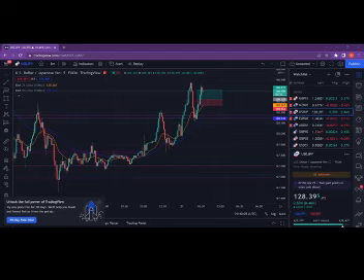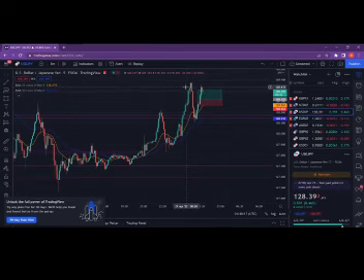First things first, we see price dropping. If price is dropping, you don't want to take a sell here. The number one mistake people make is when price is dropping, they take sells. You want some sort of a retracement to happen, and then you want to take a sell.